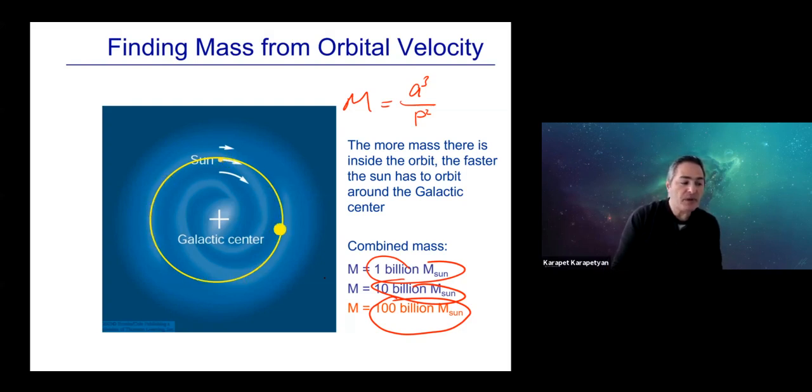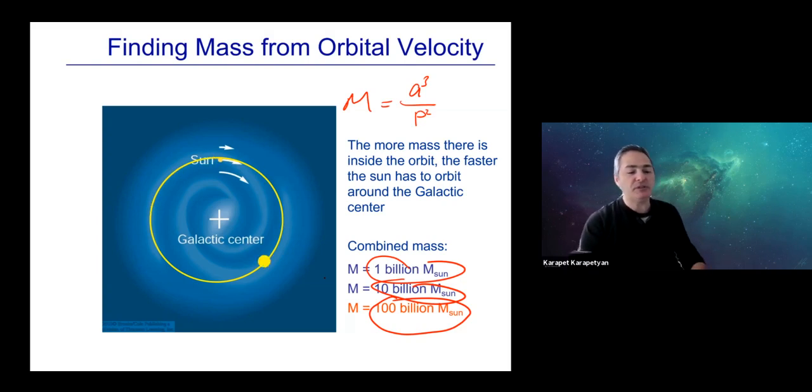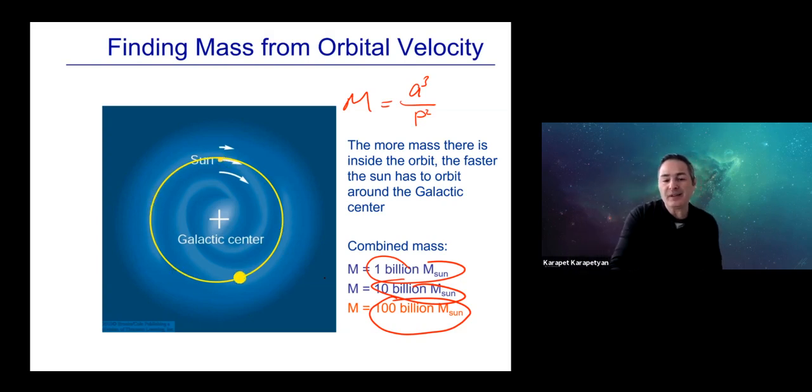All right, so now what we can approximate is that the mass of our galaxy is roughly about 400 billion solar masses. But again, that's taking into account that we are using Keplerian motion.